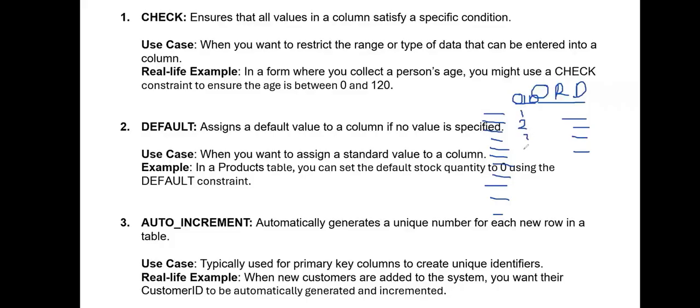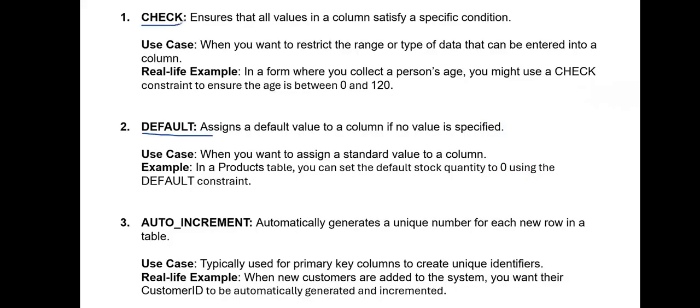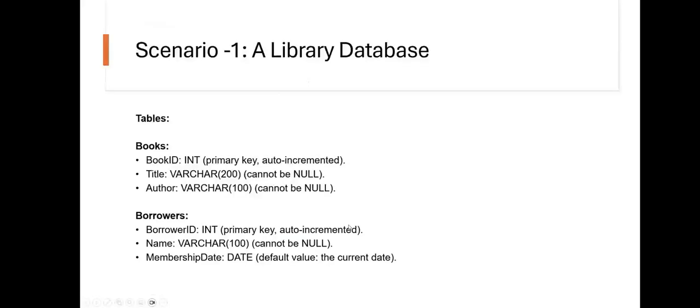Automatically it will assign 1, 2, 3, 4, 5, 6, 7, 8, 9, 10, and it will keep on assigning. So this is how we can use auto increment to add a unique number to each new row in the column. So default will assign a default value, check will ensure that the value is within a range, and auto increment will automatically increment the value by 1 unless specified that you have to do it by 2 or 3, and that is how your auto increment works.